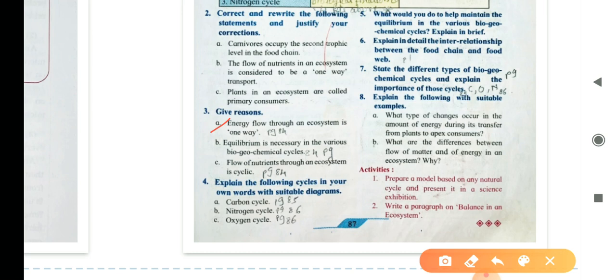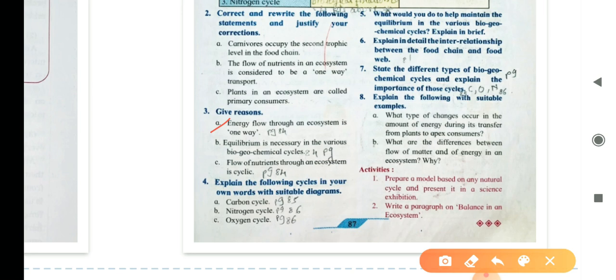Before reaching the decomposers, this energy is passed on from one trophic level to the next. Decomposers dissipate some amount of energy in the form of heat. However, no part of the energy ever returns to the sun. Hence, the energy flow through an ecosystem is one way.